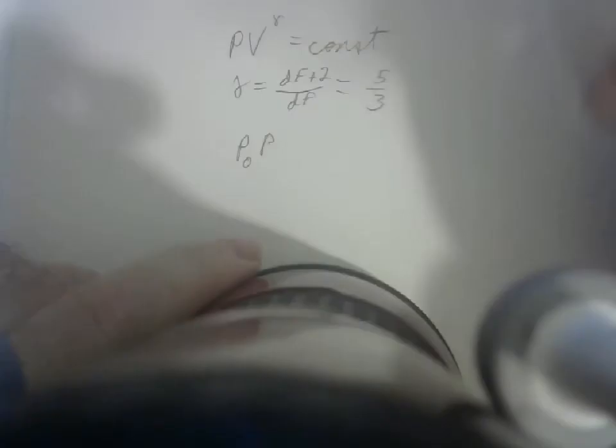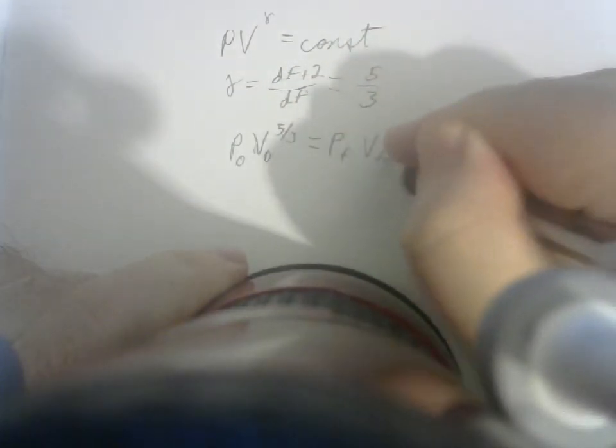So in this case, it is 5/3. Now then, the way we'll write that in a full mathematical statement is P sub naught V sub naught to the 5/3 equals P final V final to the 5/3.